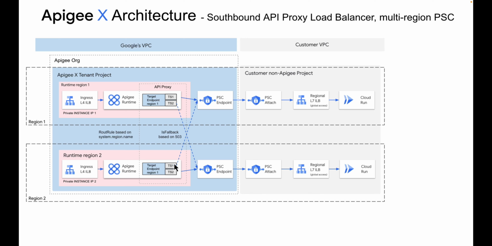And in this case, again, you can create a load balancer group at the Apigee level with a fallback in case the target server cannot reach the PSC endpoint, attachment, and internal load balancer in the same region. The other target server is used as a fallback to reach the other internal load balancer with the same global access, but in the other region, to reach the Cloud Run application.